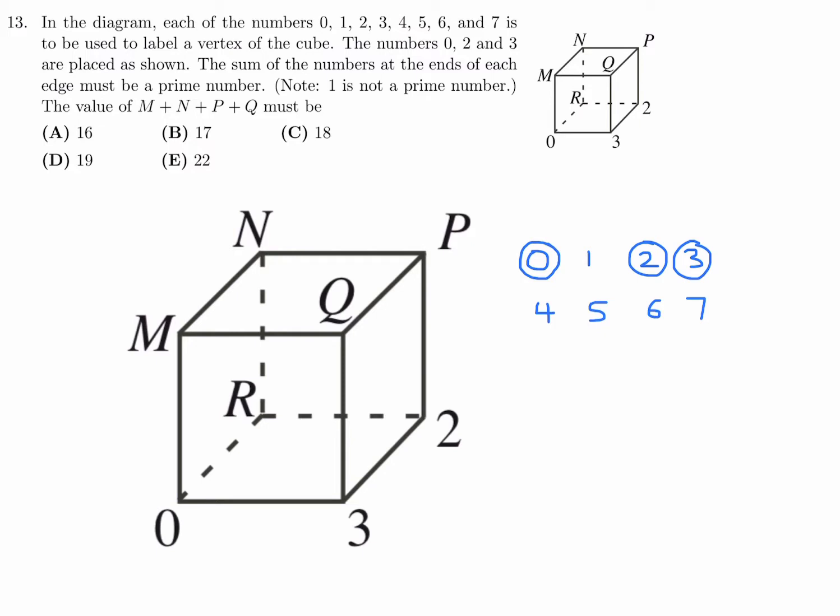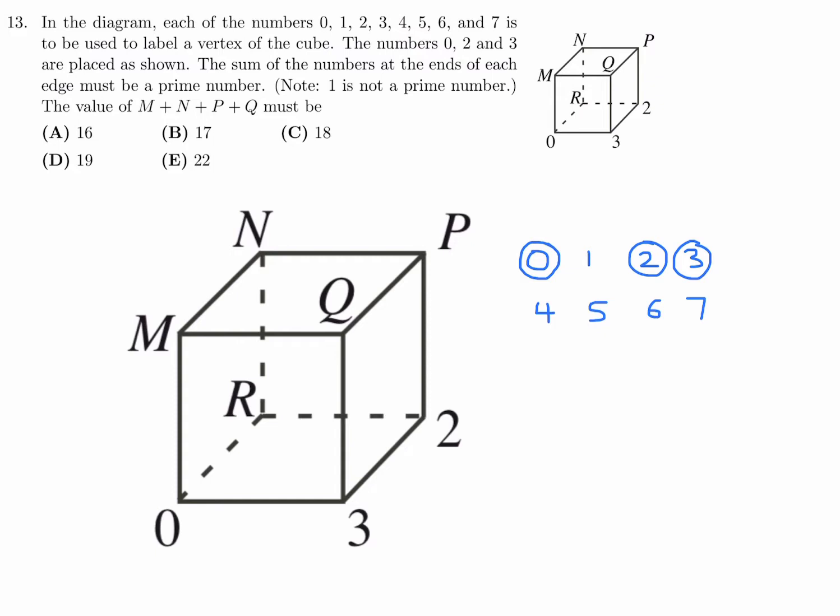Wherever you'd like to start, I'm going to start right here with r, since it's at the bottom. 0 plus r must be a prime number. So what can r be? Can r be 1? No, because 0 plus 1 is 1, and 1 is not a prime. 0 plus 4? Nope. 0 plus 5? Yeah, 5 is a possibility. 0 plus 6?